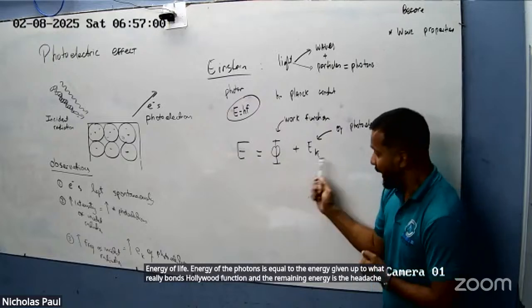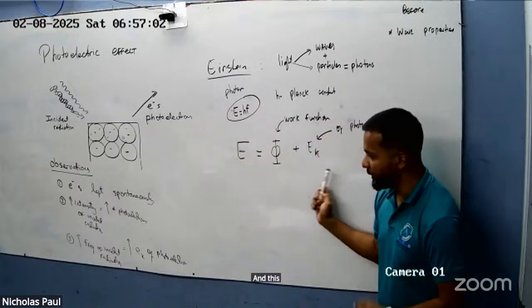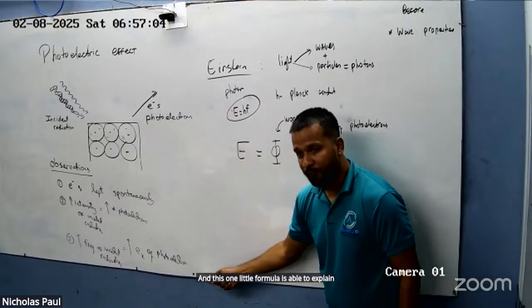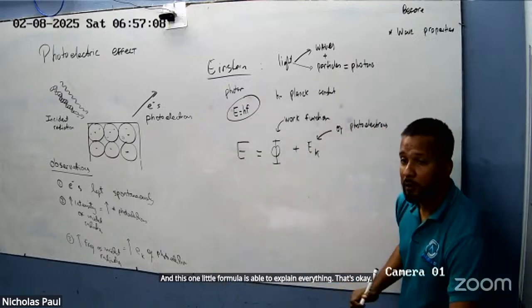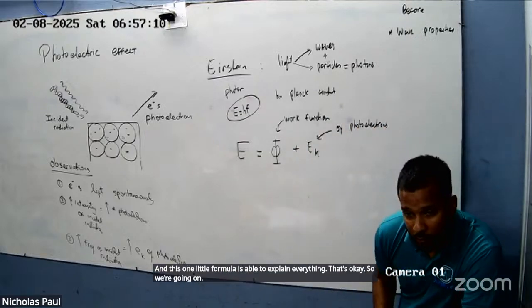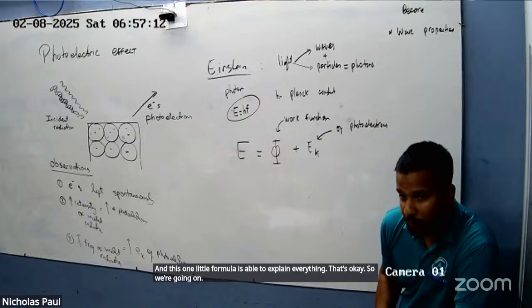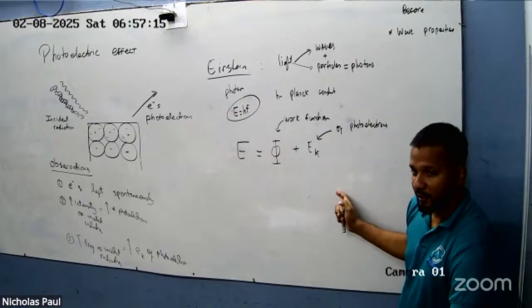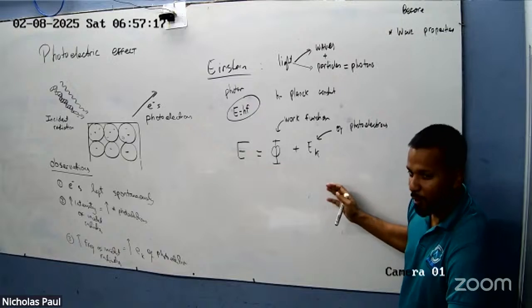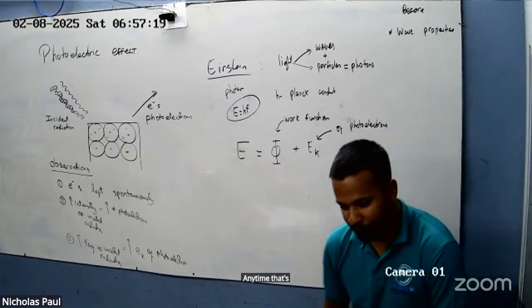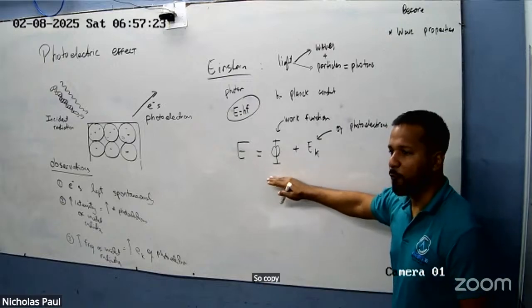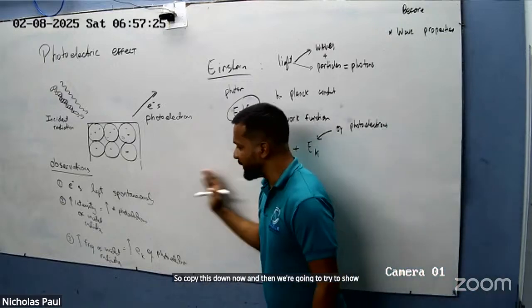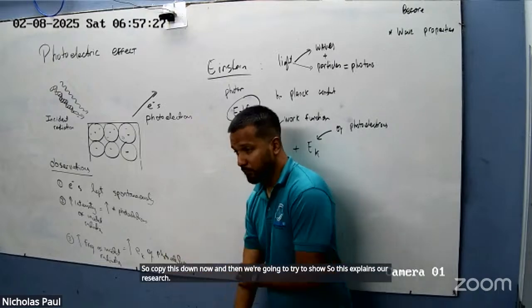And this one little formula is able to explain everything here. We want to focus on this. Copy this down now, and then we're going to try to show how this explains everything. That's okay?